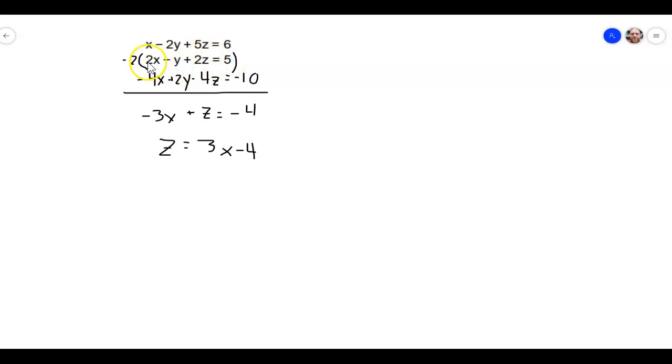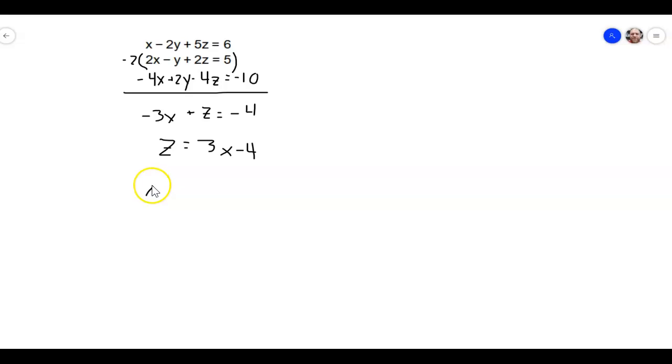So I could multiply this second equation by a -5 and this first equation by a 2, and then that would give me a 10z and a -10z. That would work. Or I could just substitute this into that first equation for z, which would turn this z into 3x minus 4, getting rid of my z's in the first equation, which is what I'm going to end up doing. Both of those are completely valid ways of doing it.